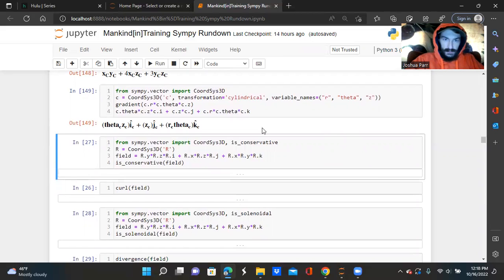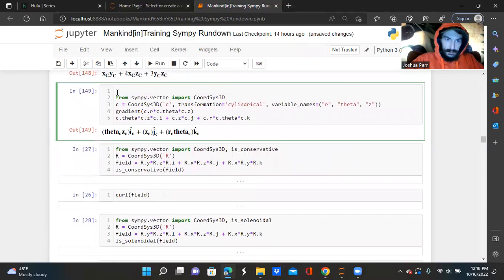Because I would need to, let's go, theta equals sympy.symbols theta.